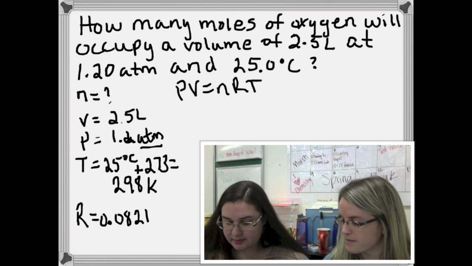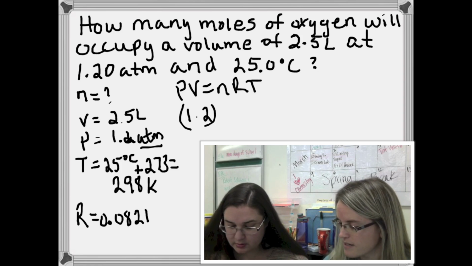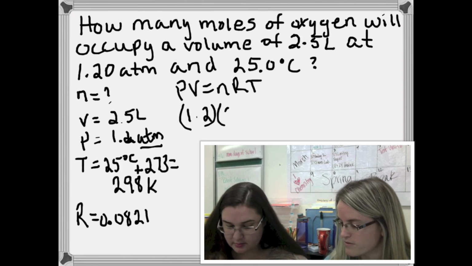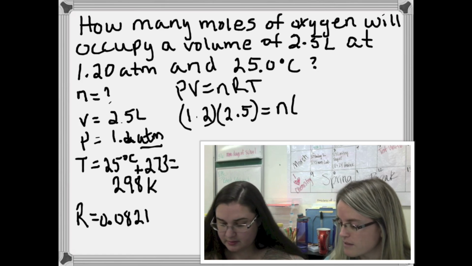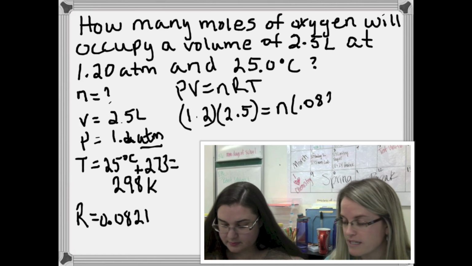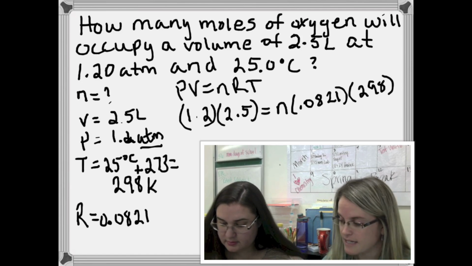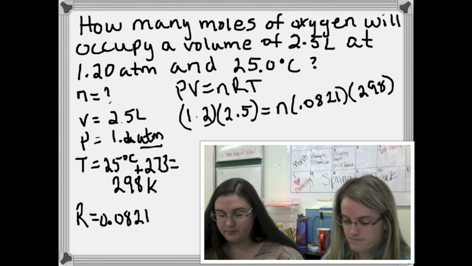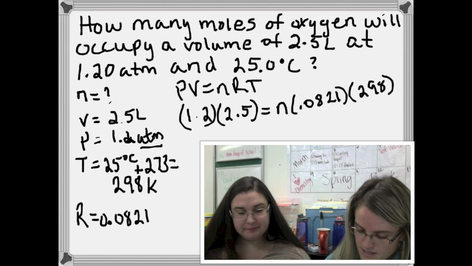All right, so let's start plugging in. We've got P, which is 1.2, times V, 2.5, is equal to an unknown n, times R, which we said was 0.0821, and then times our temperature, which is in Kelvin, so it's 298.